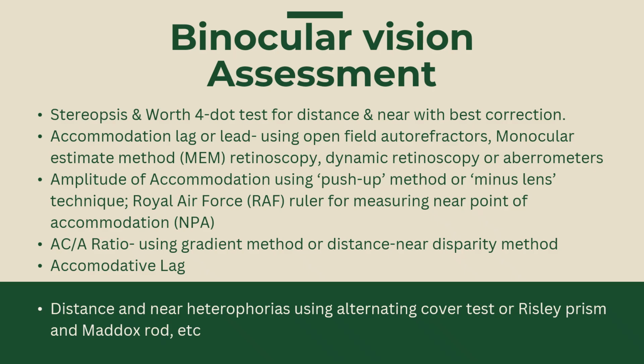Binocular vision assessment, you have to do it, at least NPA, NPC, AC/A ratio, accommodative lag, and stereoacuity or Worth four dot test, just to know that the patient doesn't have any basic binocular problem, doesn't have a problem with near point of accommodation or accommodative facility, and doesn't have a high AC/A ratio, because the moment you start them on low concentration atropine, because of a high AC/A ratio, they may start going into esotropia.